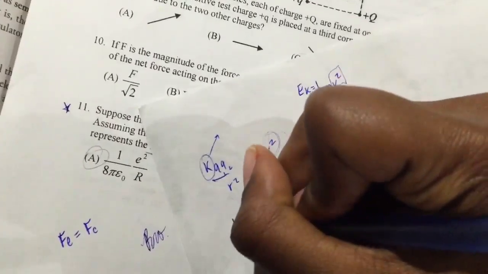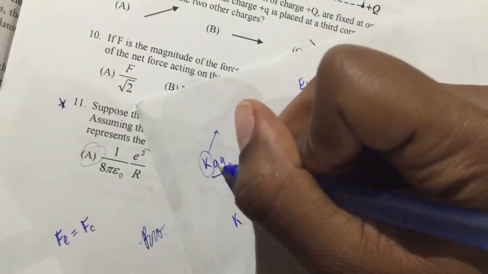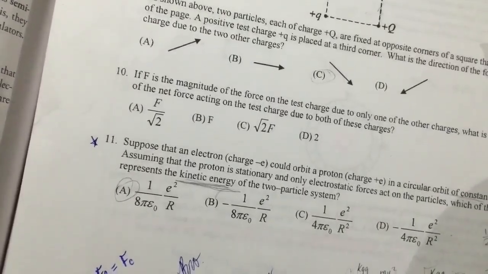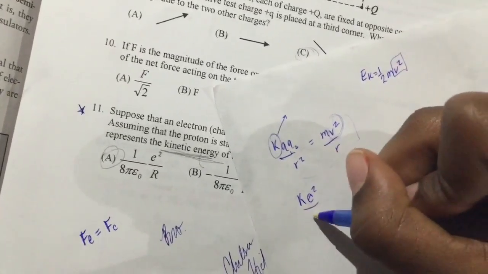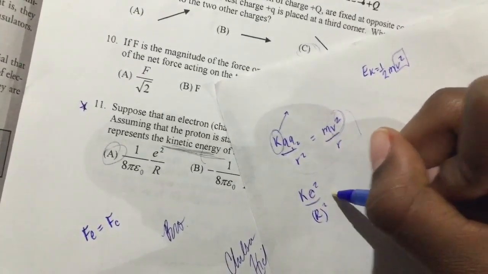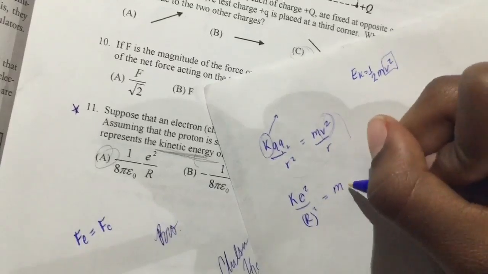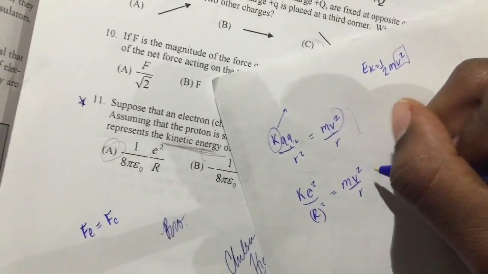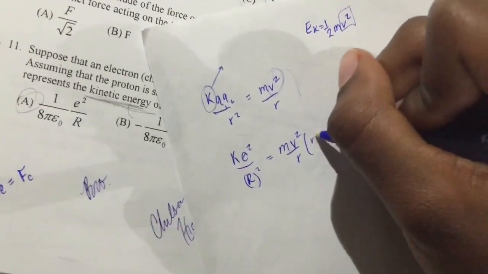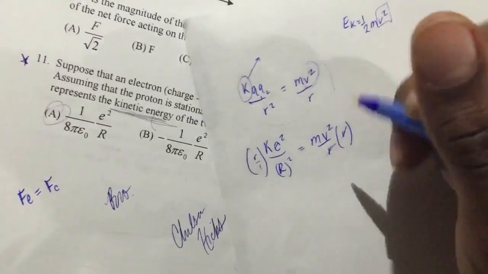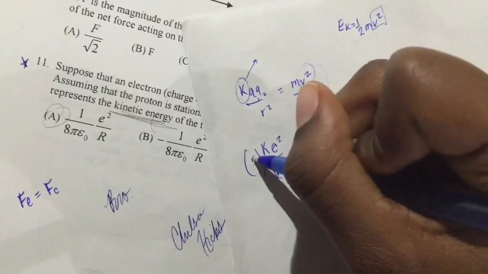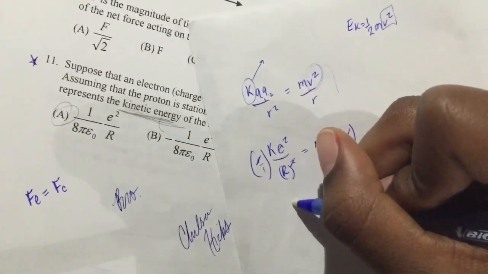So K e squared over the radius equals mv squared over r. I'm going to multiply by r on both sides. This is going to go away, and then there's only going to be one radius.